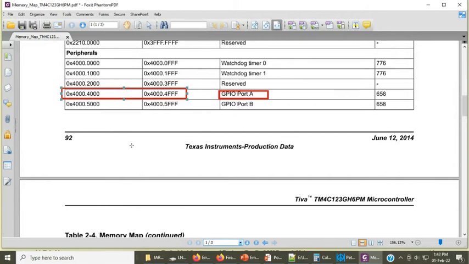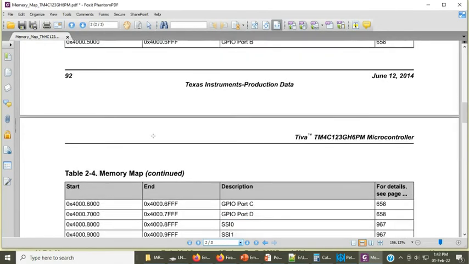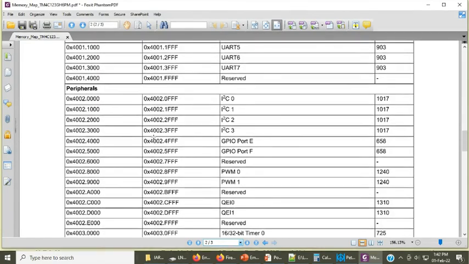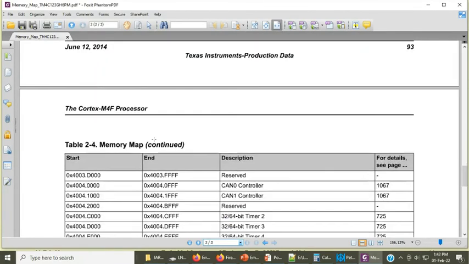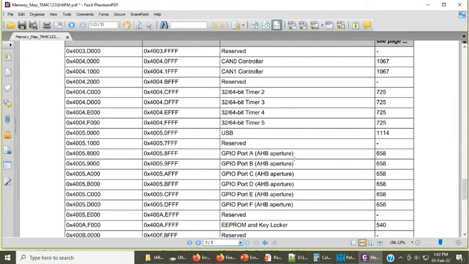But there is one more surprising thing. If you come down, you might see here again we have port A, which is starting from 4005 8000 to 4005 8FFF. Again 4 KB of memory, again for port A. Understood what I'm saying here? Yes, sir.